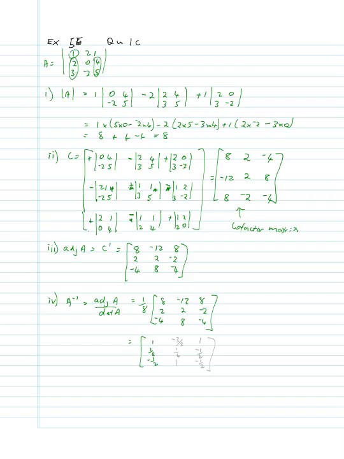Oh, and I've dropped the negative sign. 12/8 would be negative 3 over 2. 2/8 is 1/4, and 8/8 is 1. 1, negative 1/4, and negative 1/2. So that's our inverse of A.